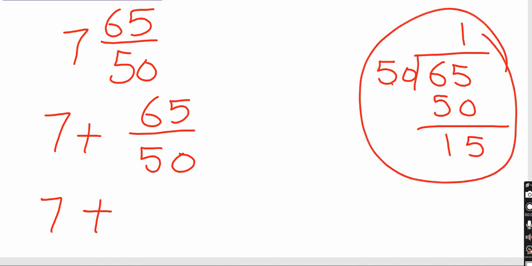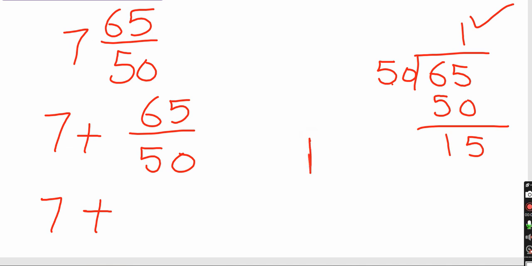How will I write 65 by 50? This top number will become the whole number. The denominator remains in its own place. As I told you earlier, the denominator remains the same in addition and subtraction. And while simplifying fractions, the denominator remains the same.